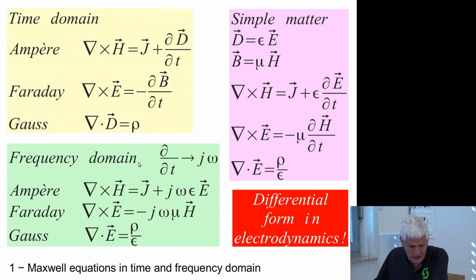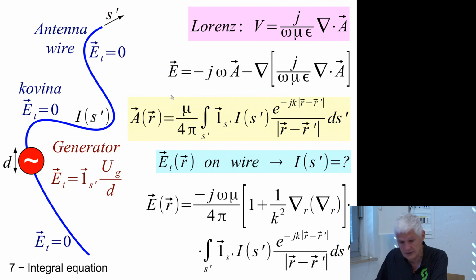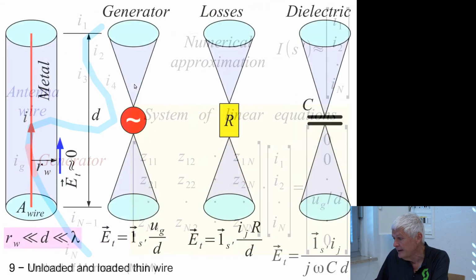Frequency domain may be attractive for antennas because we have to solve the equations just for one frequency, but time domain is sometimes simpler to calculate, to implement, and also time domain can calculate, after performing a Fourier transform, the response of our antenna over the whole frequency range, and that makes sense. Just more than just one frequency. We will see how difficult this is with the method of moments. It becomes very time consuming, this thing.